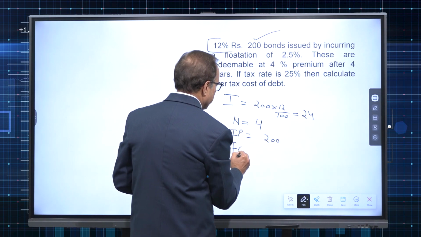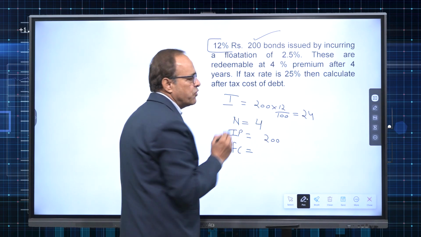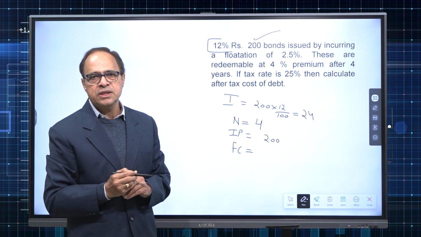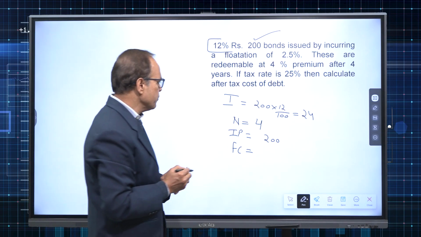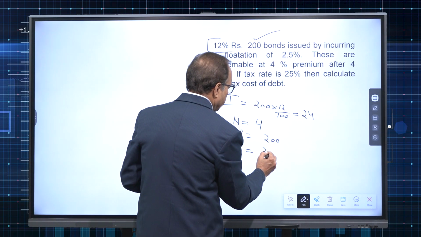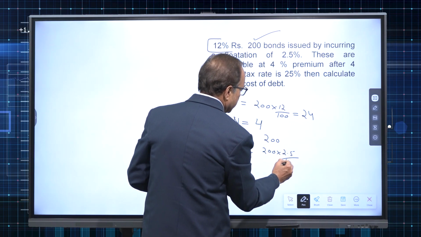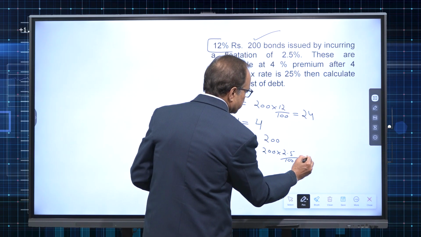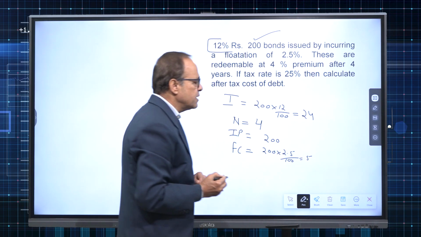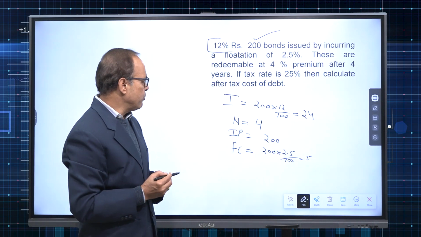Flotation cost, which is 2.5%. Flotation cost is also a function of par value. So 2.5% of the 200 makes it rupees 5. So company has incurred a flotation cost of 5 rupees.